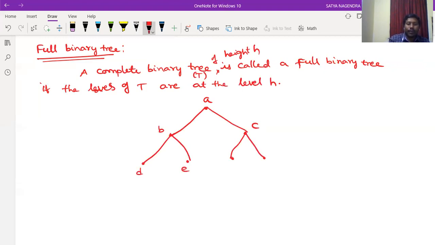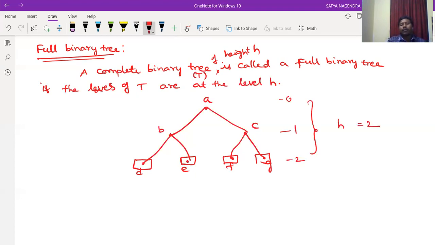D, E, F, G. So observe the leaf nodes here D, E, F, G. So what is the height of this tree? This is level 0, this is level 1, this is level 2. So H is 2. And all these leaf nodes are at the same level. So it is a full binary tree.